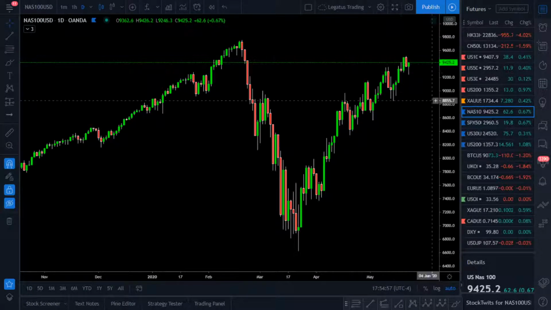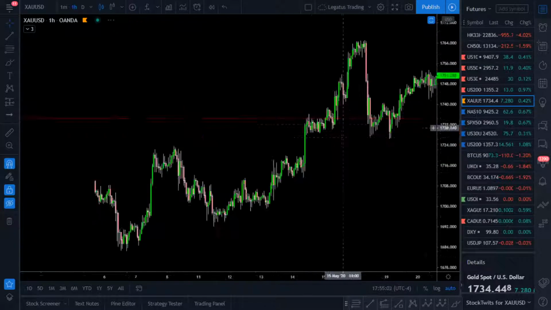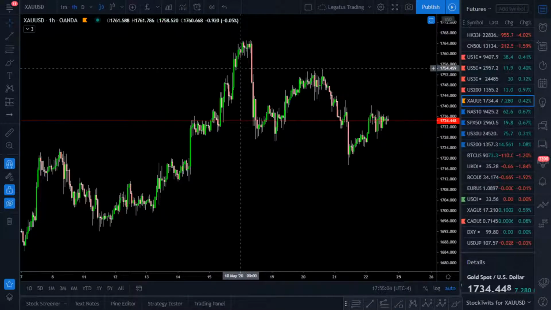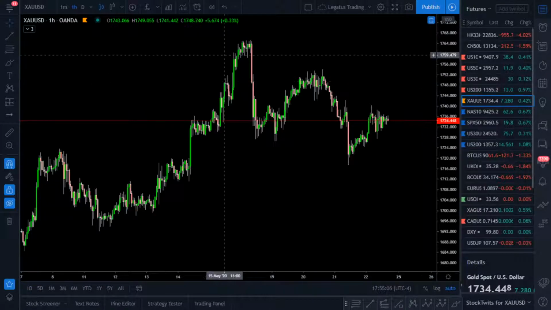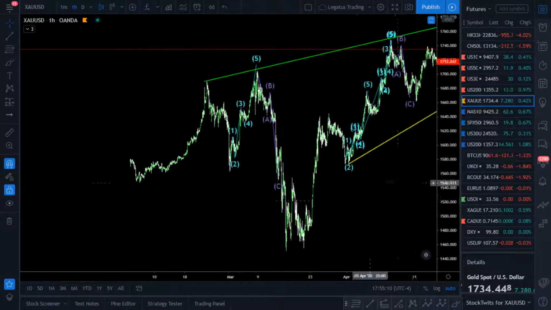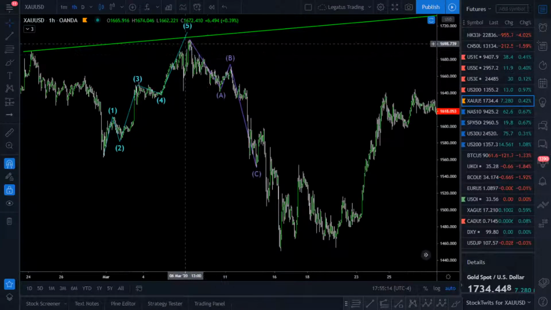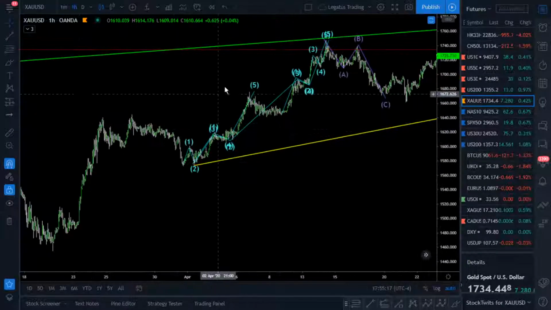Yeah, so that's good. And the same thing goes for pretty much every other security too, all the analysis, like gold and so on. We've been trading a lot of gold lately, and as you can see, quite a few Elliott waves that we've taken advantage of here. We can see we've got our 5 wave impulse with our corrective wave there.